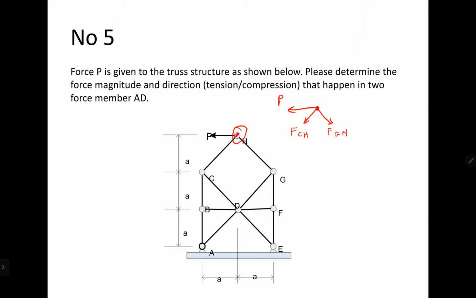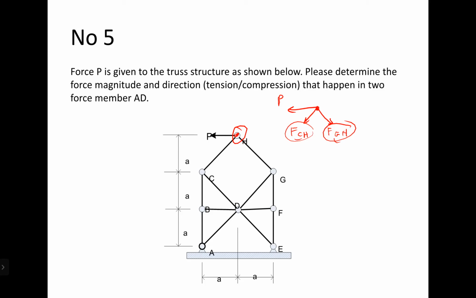You will be able to solve for CH and GH, right? Because we are using the joint method at P here, everything will be in P. FCH will be in P, FGH will be in P. So you can solve for CH and GH. The next thing is CH and GH will become your external force.